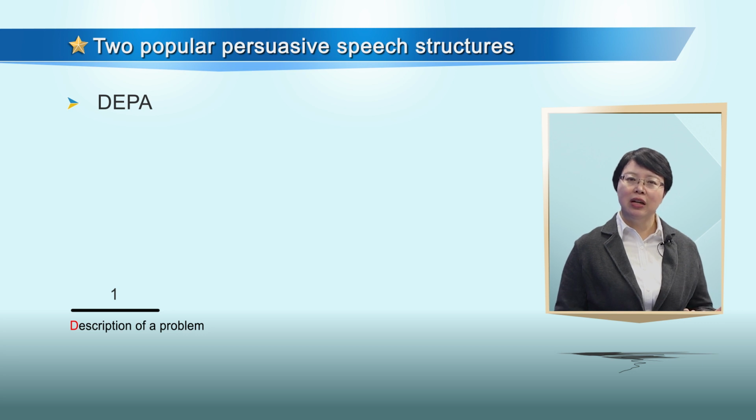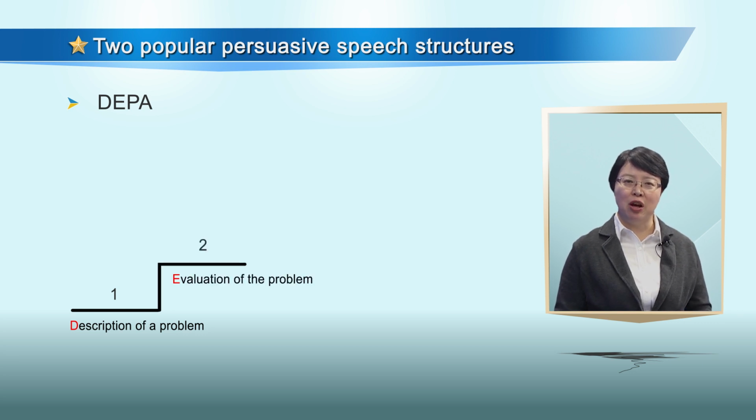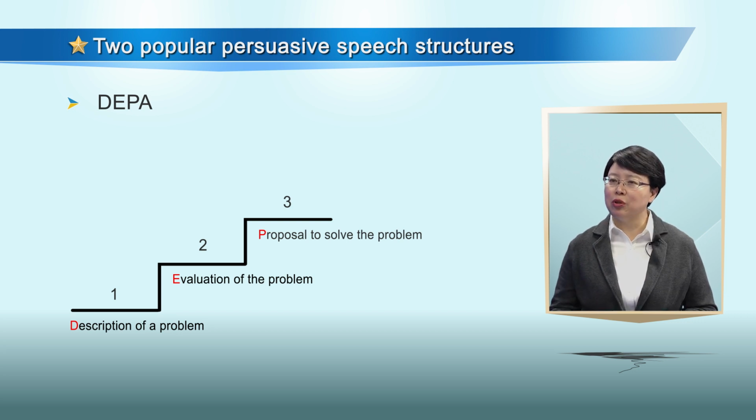Step 2, E, evaluation of the problem. You assess the causality or consequences caused by the problem and demonstrate why it is necessary to solve the problem. When your audience agree with you on the problem, they develop a desire to manage the problem. Step 3, P, proposal. Propose something to solve the problem.